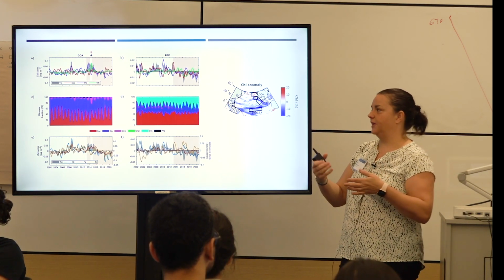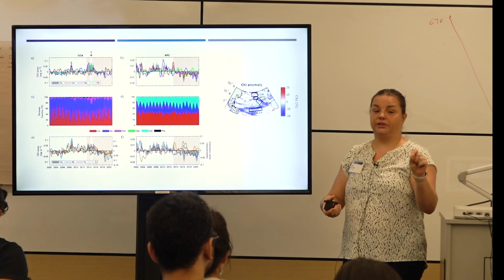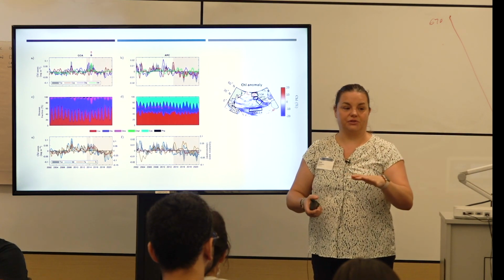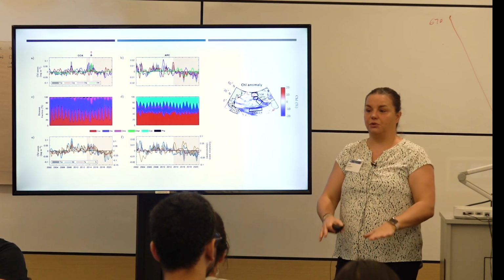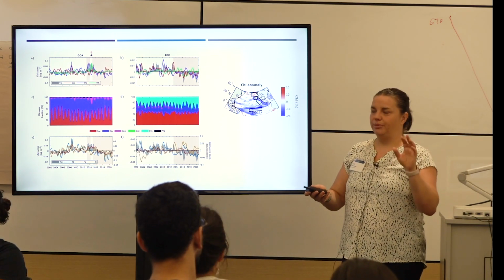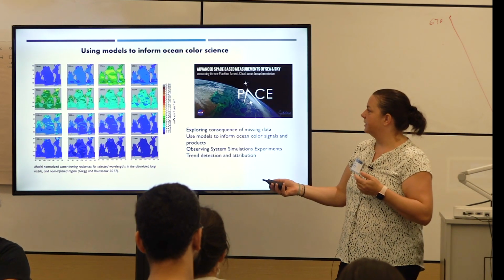This is not always the case. In that paper, if you go look, you will see that in the Equatorial Pacific, at that time of the year, something different happened and everyone declined. So it was not a shift, it was just a decrease in phytoplankton biomass.